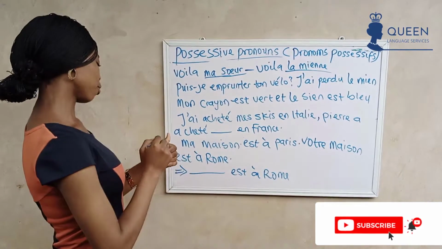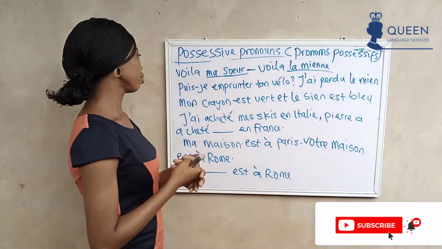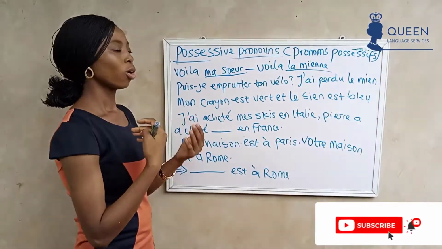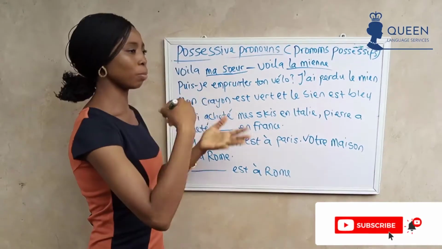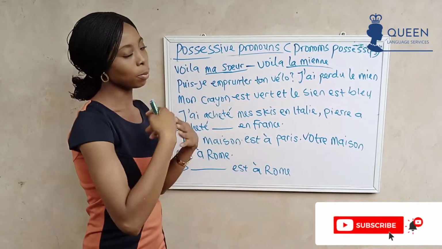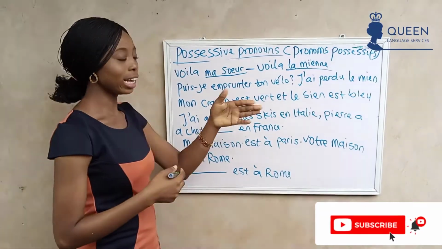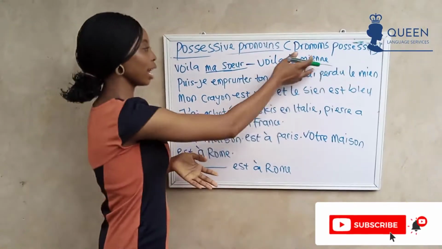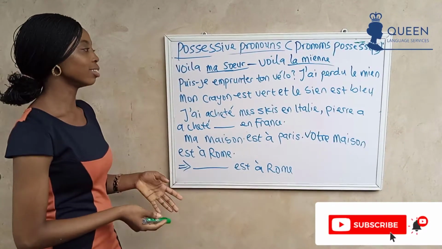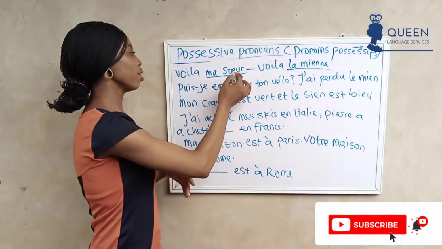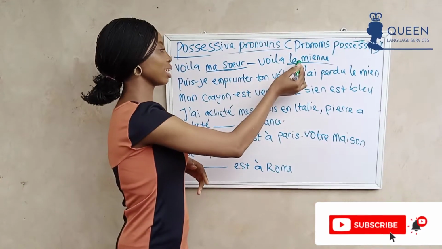Instead of having repetition, instead of saying voilà ma soeur, oh voilà ma soeur aussi, au lieu de le dire ça, you just replace it by saying voilà la mienne. So here is my sister. Another person says, oh, here is mine as well. So voilà la mienne. Okay, and it is according in number and in gender. So because sister is of the feminine gender and singular, we have it as la mienne.